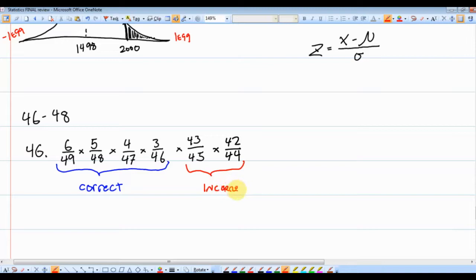So really this question is, what's the probability of getting 4 correct balls and 2 incorrect balls? That's what we're really asking. Now, I don't know what this number is, so I might as well calculate it.